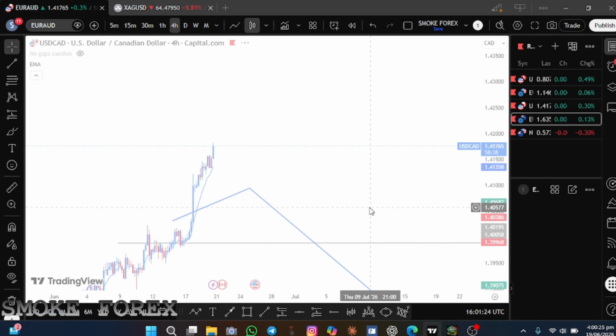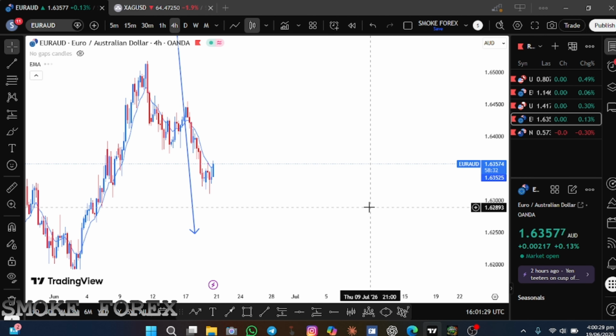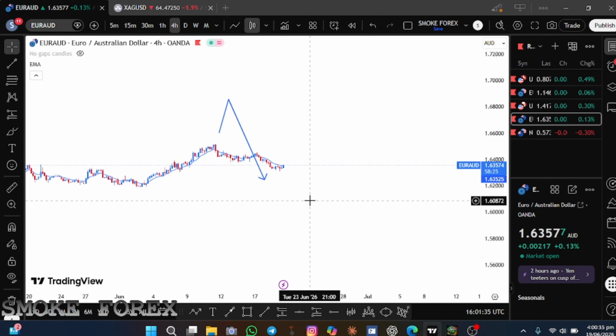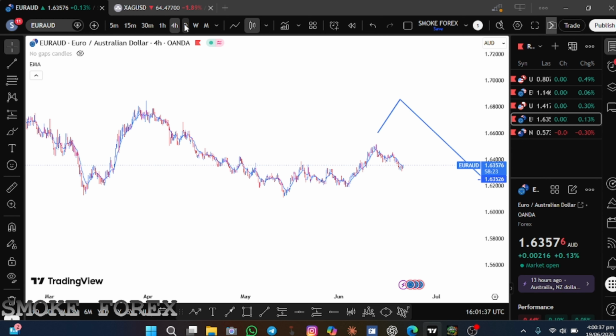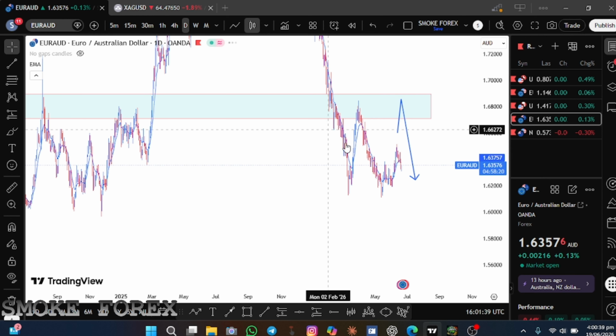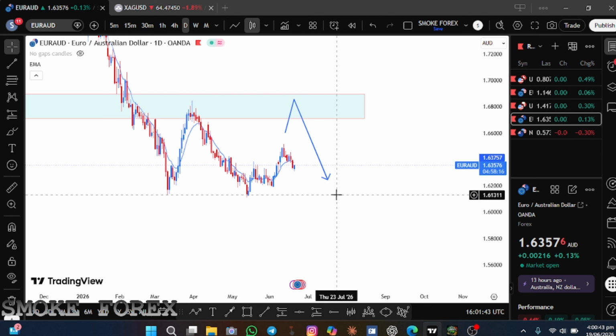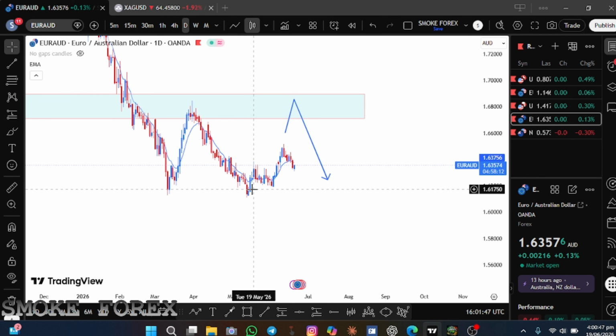My next pair, that's EUR/AUD. With EUR/AUD, I needed price to retest an area of interest over here, but price didn't do it. Price did not make much of a move this week.